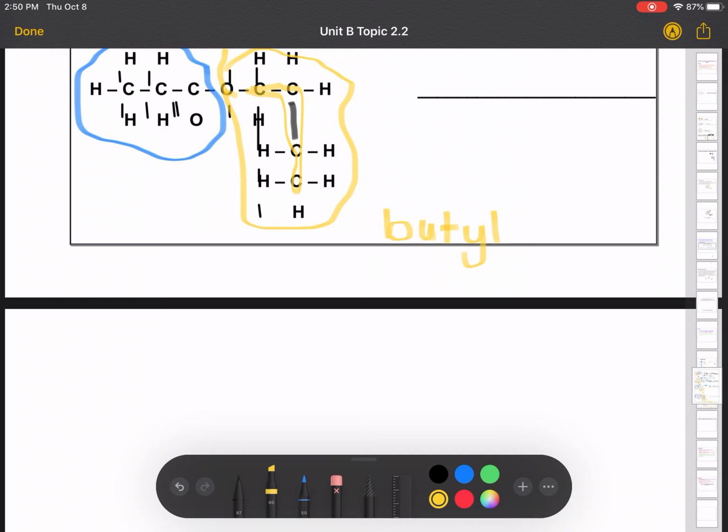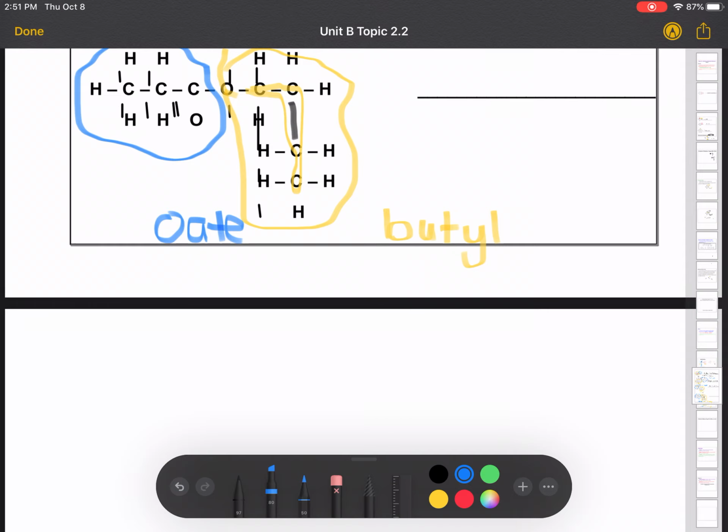That sounds pretty funny, but it is a butyl. And then the other one has a 3-carbon chain. That one is not a butyl. That's the carboxylic acid ending, which is oate.